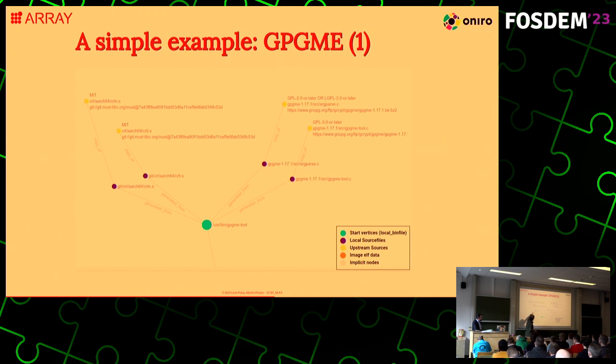The purple dots come from Yocto metadata, and also the information about which files have been used to generate this binary comes from Yocto, from the create-spdx class presented before. Basically, we now have MIT, GPL2, GPL3. Sorry, GPL2 or later, or LGPL3 or later, and then we have GPL3 or later.